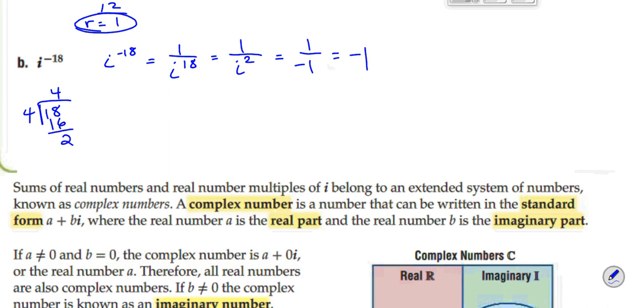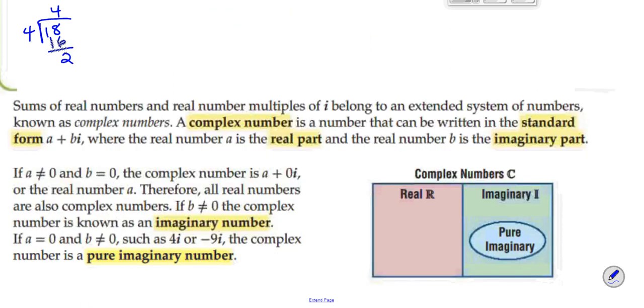Now, the next thing is we want to just get some vocabulary under our belts so that we're used to saying things like standard form, the imaginary number, the pure imaginary number, the real part, the imaginary part. So I'll just underline and you can write, or maybe I will write some things here.